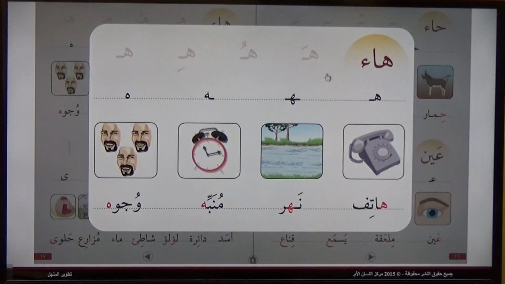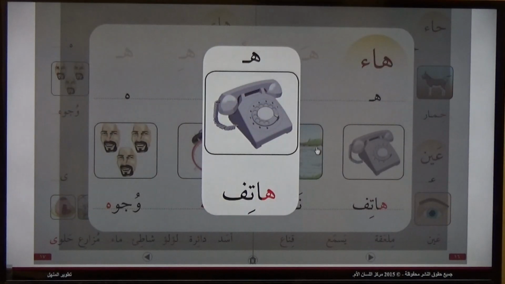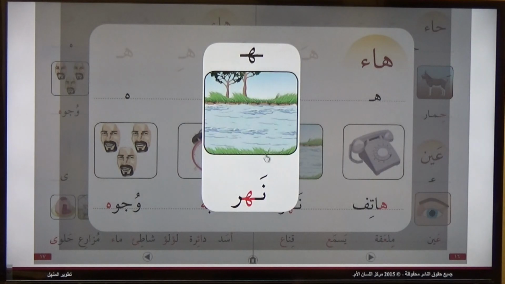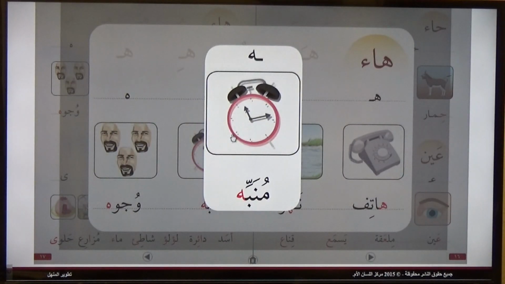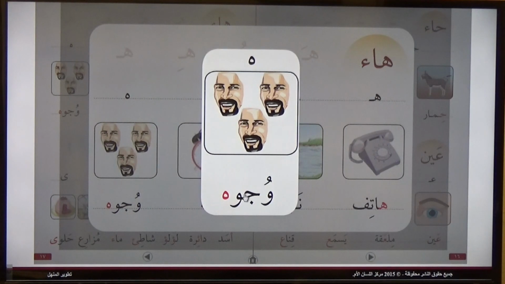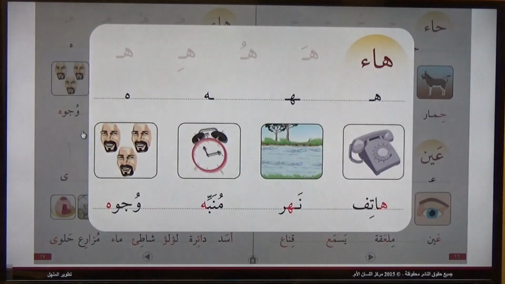The letter Ha. هاتف, phone. نهر, river. منبه, alarm clock or alarming device. وجوه, faces.